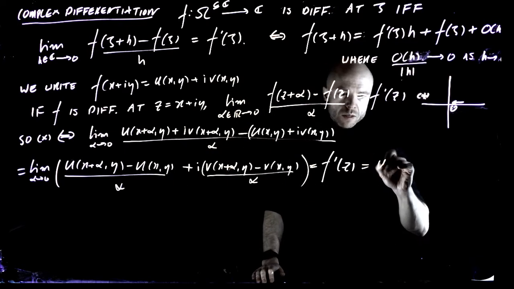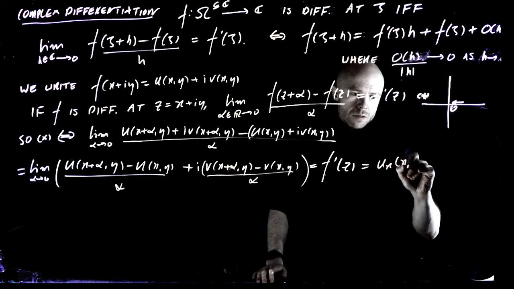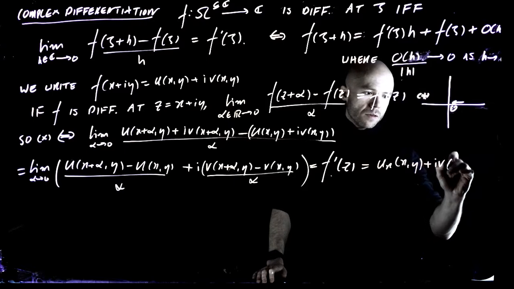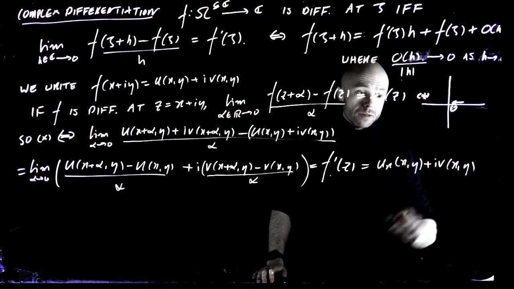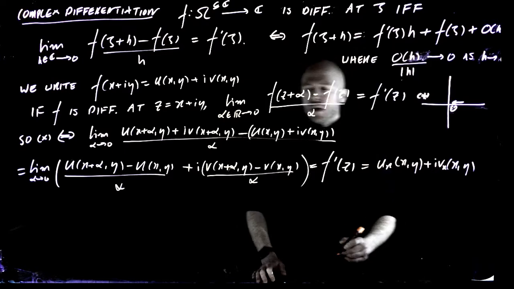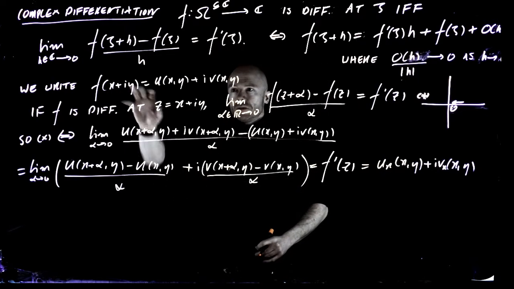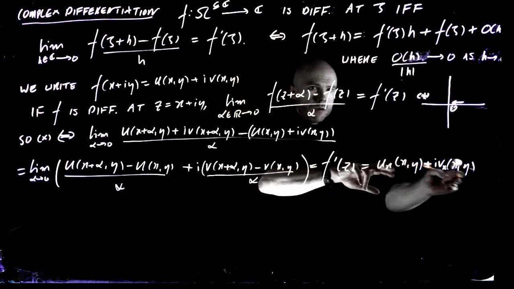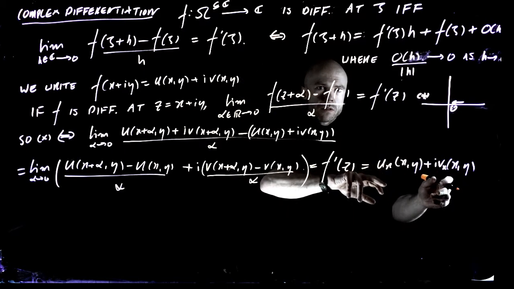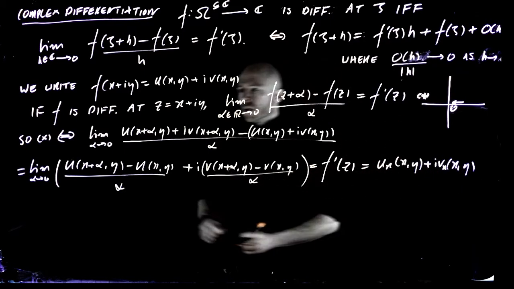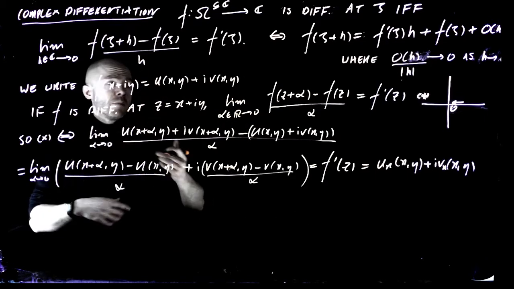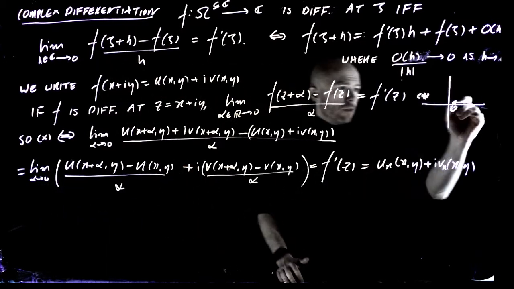So this thing will be u_x of x, y plus i v_x of x, y. So as a consequence of this definition over here, the partial derivatives of u and v have to exist, at least with respect to x.